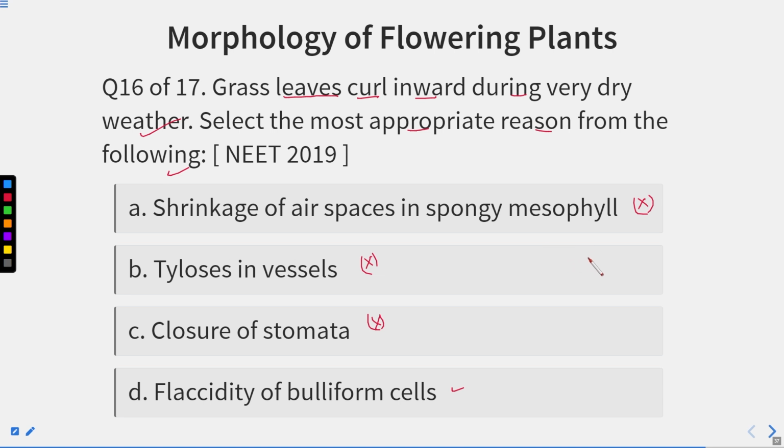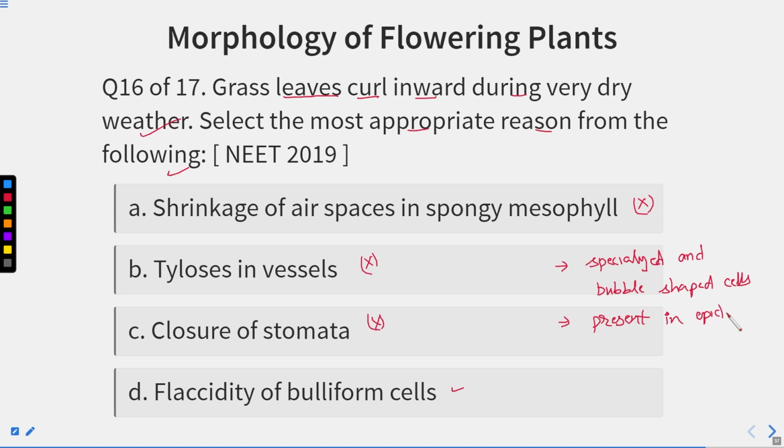Now what are bulliform cells? Bulliform cells are specialized, bubble shaped cells. Where are they present? They are present in the epidermis of monocots.